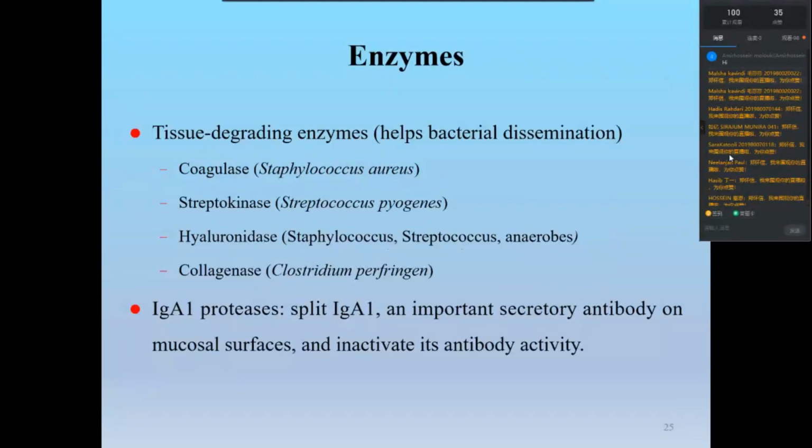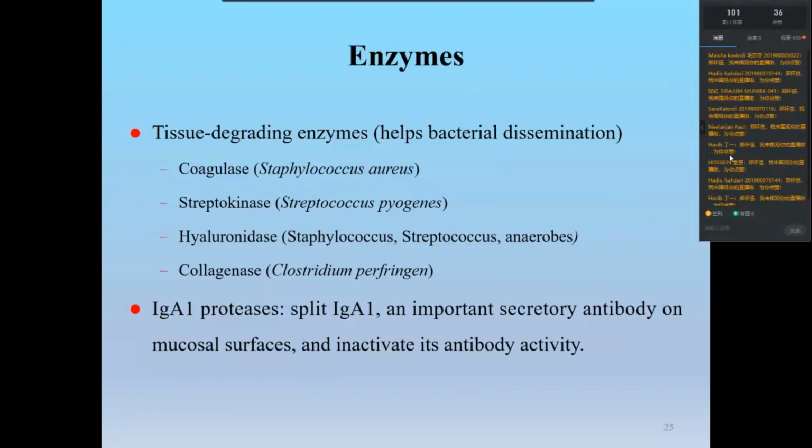So it turns fibrinogen to fibrin, and fibrin is not soluble, which are long protein fibers. So that's a role of coagulase. The function of coagulase is that it can block the attack of immune cells. So it coagulates the fibrin so that immune cells cannot get access to the pathogen, to the bacteria.